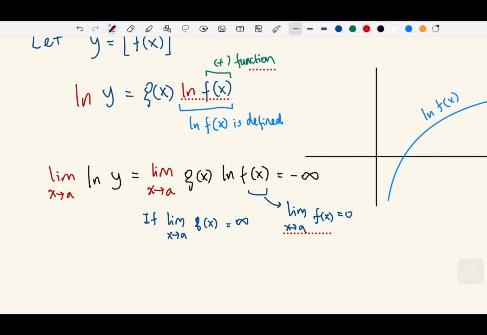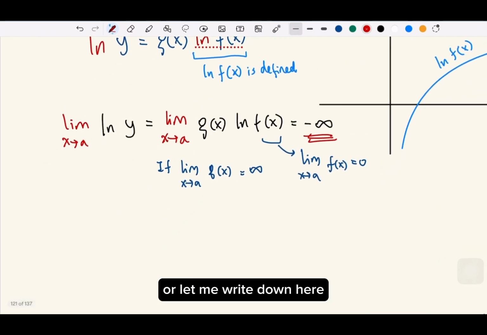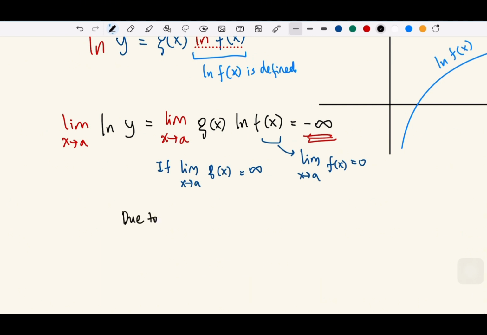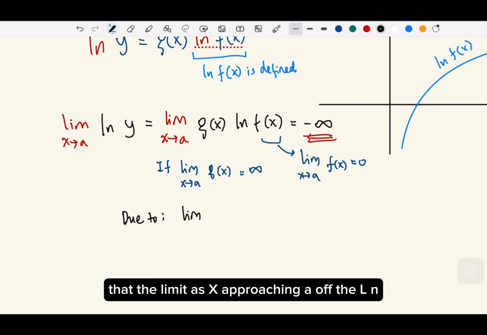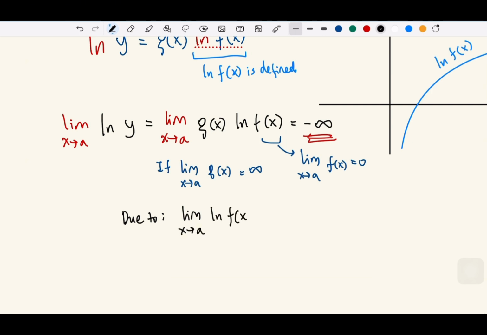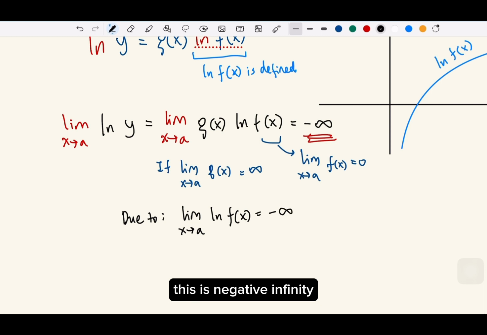Or let me write down here, that is because the limit as x approaching a of the ln f is negative infinity.